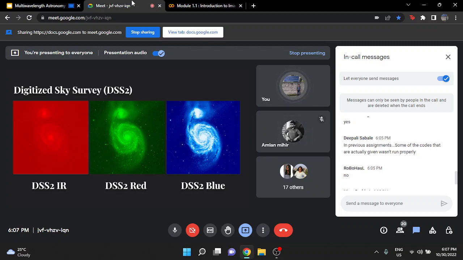Here we are not looking at the galaxy directly. We are using a telescope which has a detector, and that detector can actually see IR. The detector is what is observing, and what it gives as output is a 2D matrix of numbers, which doesn't have any information of colors.